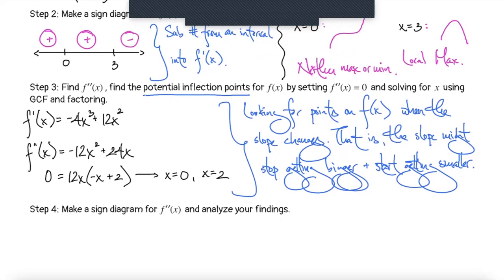How many folks have ever heard of the phrase point of diminishing returns? Anybody ever heard that or heard diminishing returns? Yeah. If you've taken an economics class, you've probably heard about that. Anyone want to take a stab at defining what a point of diminishing returns is?